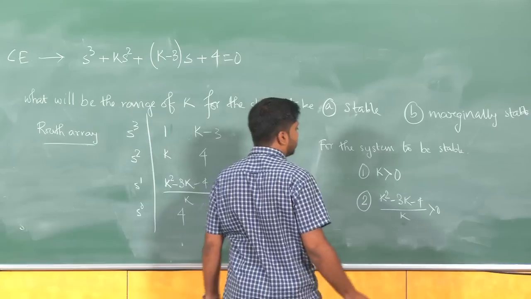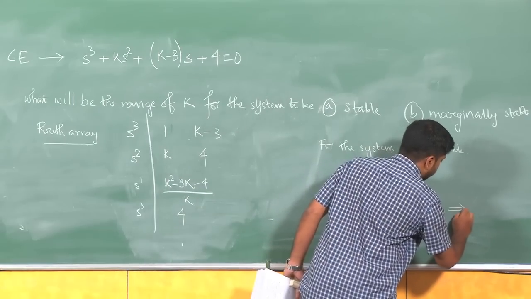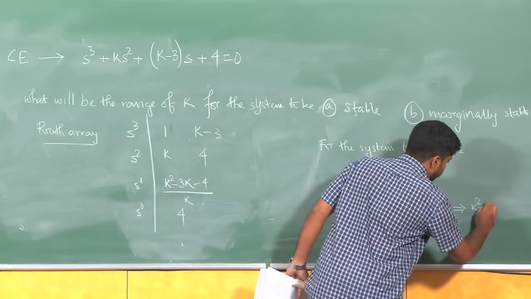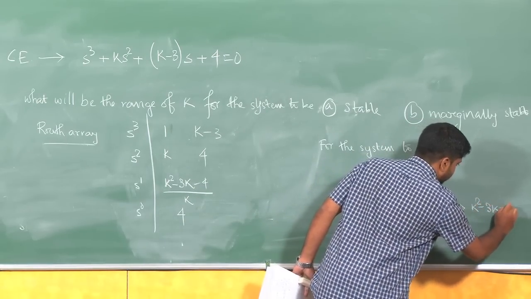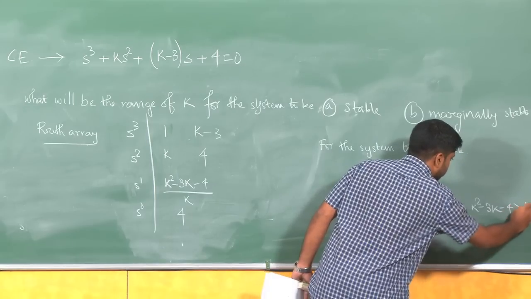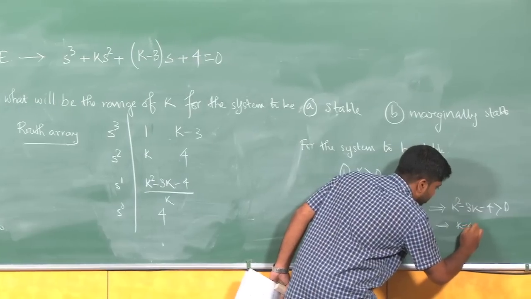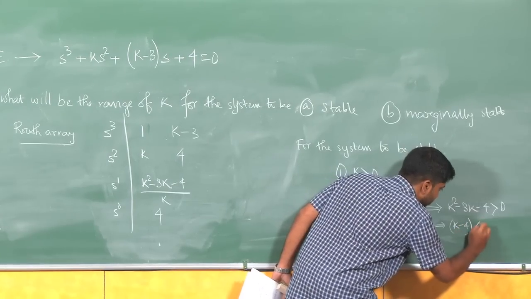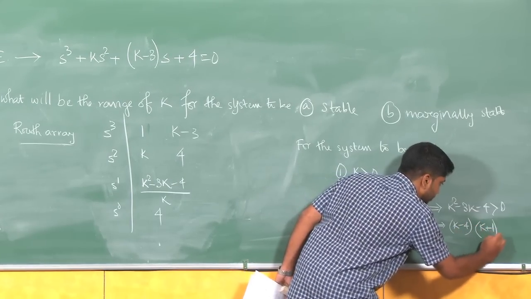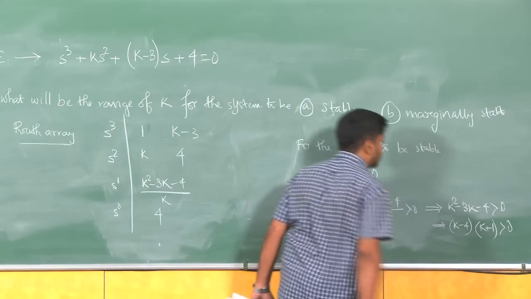So, since k is positive, it implies that k square minus 3k minus 4 is greater than 0, that is (k minus 4) into (k plus 1) is greater than 0.